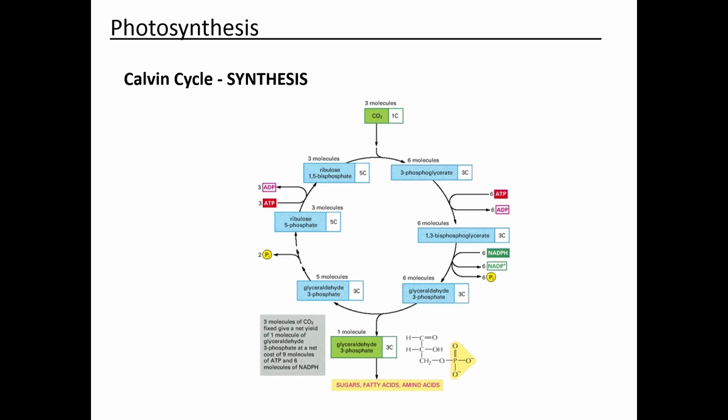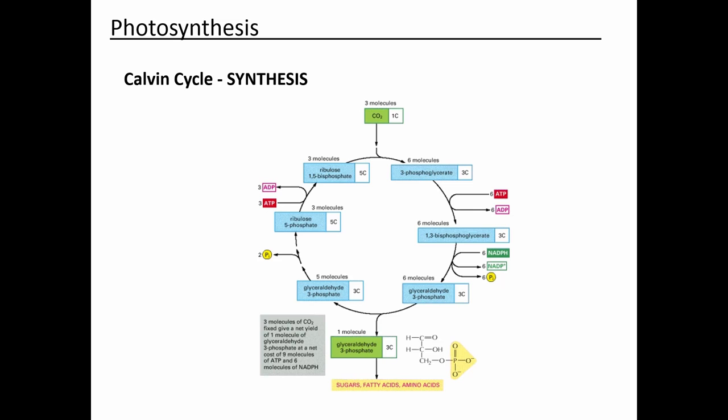And so because you have 3 6-carbon molecules breaking apart, at the end of the stage, what you have are going to be 6 3-phosphoglycerates. Okay, so you start in this phase with carbon dioxide, you attach it to ribulose bisphosphate. If you have 3 carbon dioxides enter the cycle, you're going to end this phase with 6 3-phosphoglycerates. Again, 3-phosphoglycerate is a 3-carbon molecule.